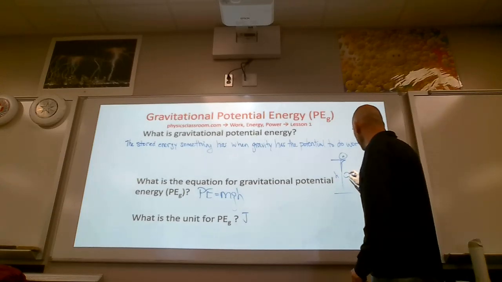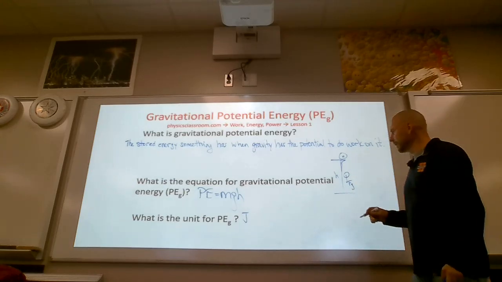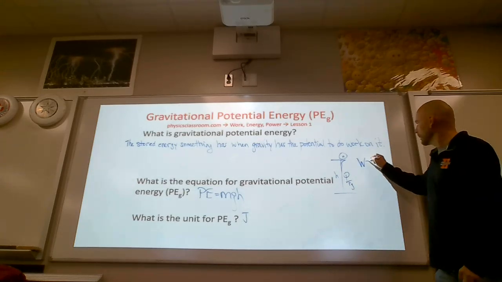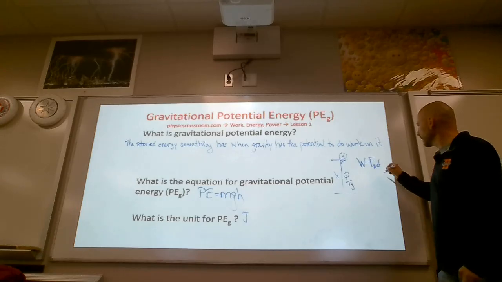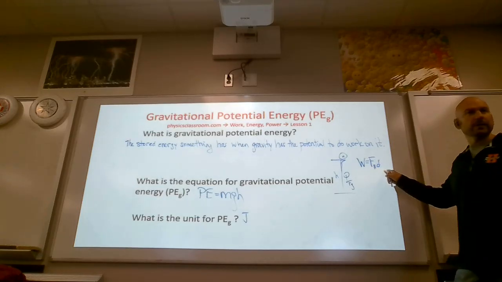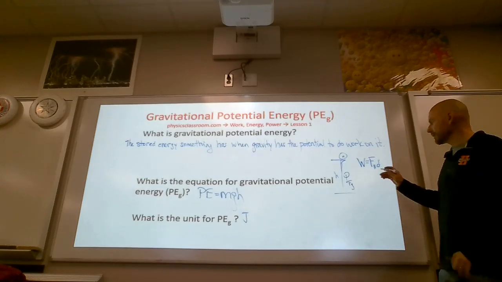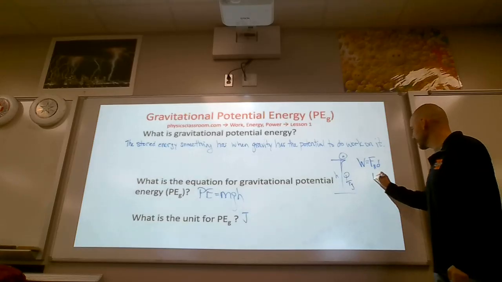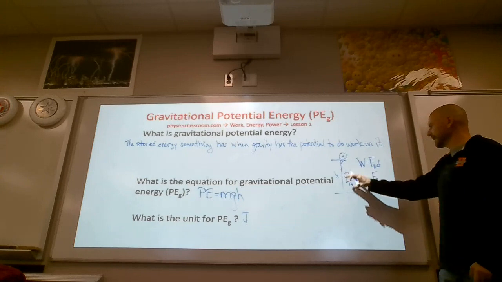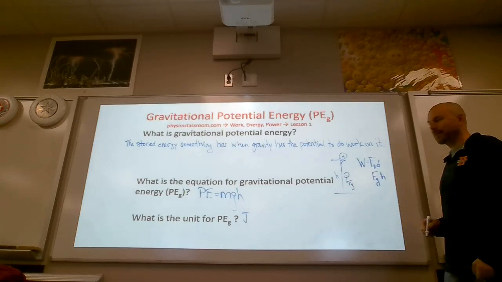If it falls, you have a force of gravity. The work is equal to force times distance. Don't worry about writing this down. This is just for those who are curious. The distance would be the height.